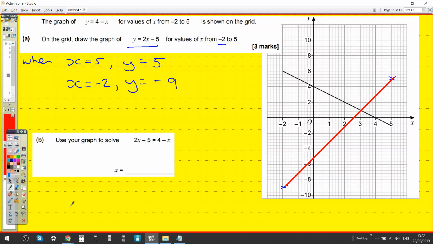So we've got 2 unknowns. Would it be plus x and plus the x to get rid of it, and then that would make it 3x minus 5 equals 4.